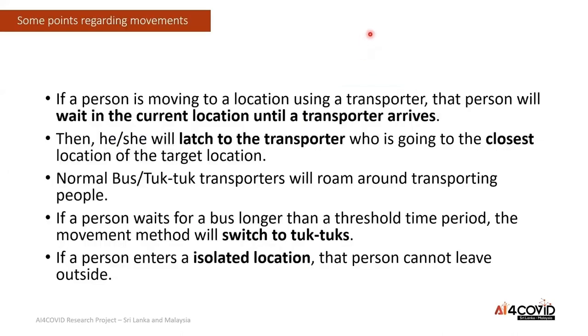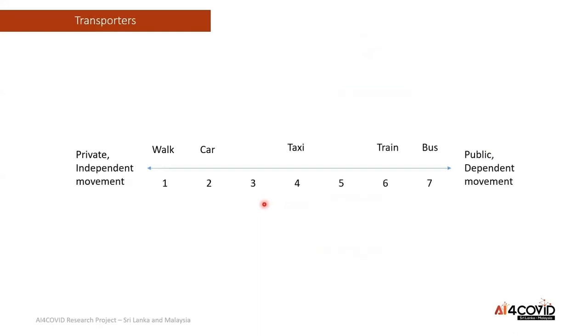Okay, so there are different levels to these movement methods. For example, if a movement pattern is private or more towards independent movement, it has a very low value.